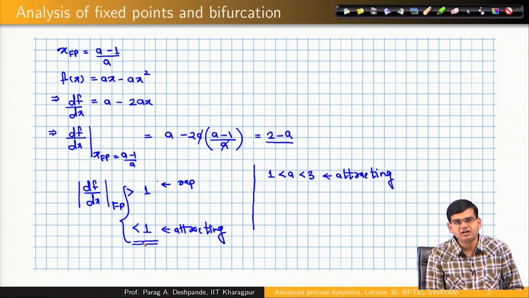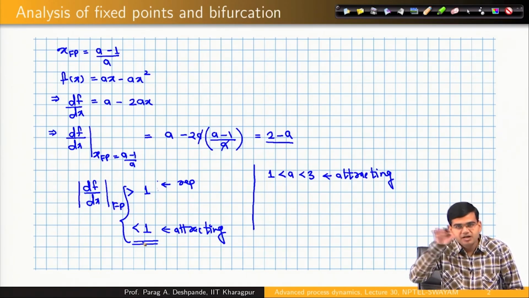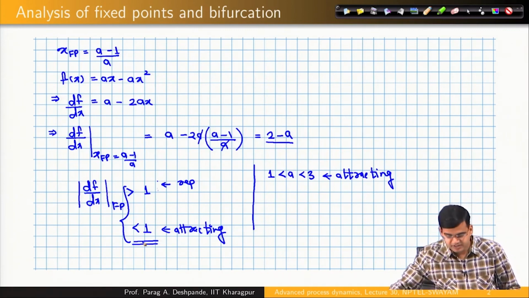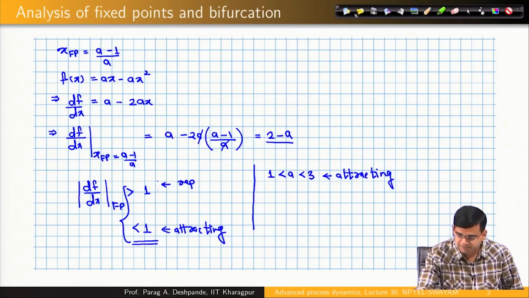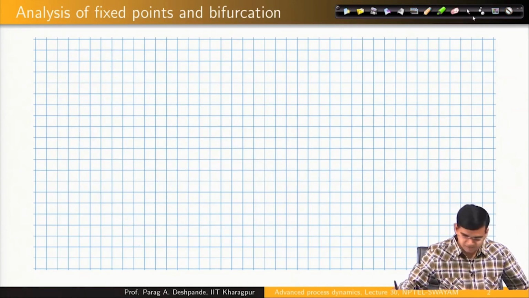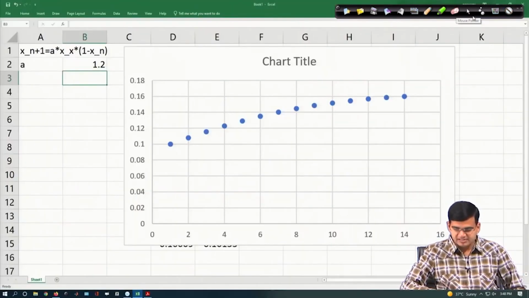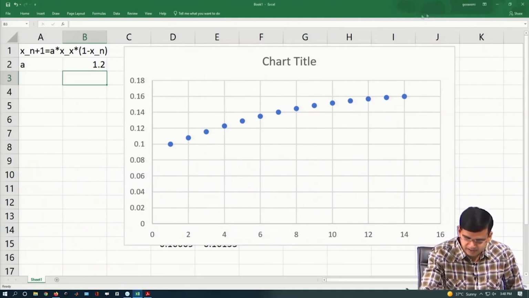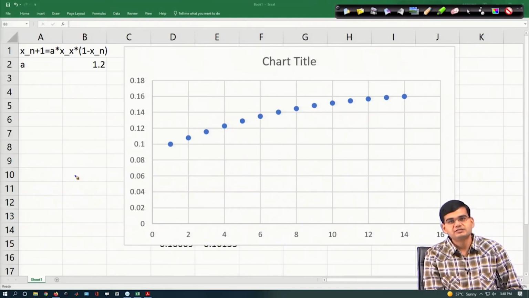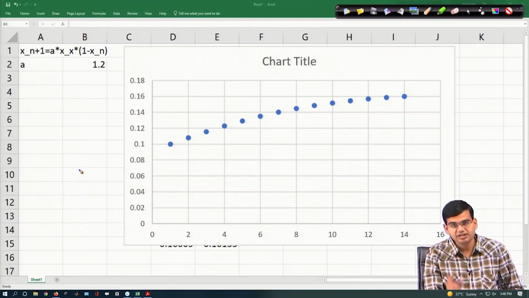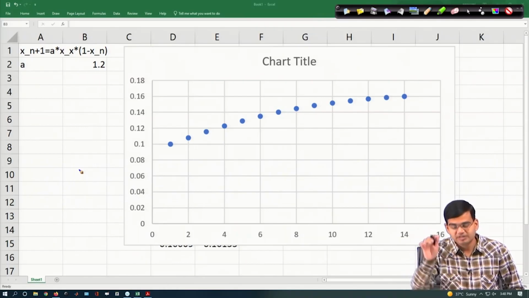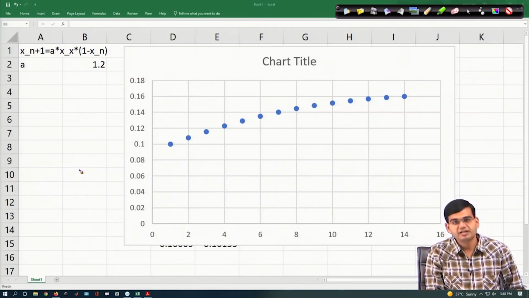So, if I have the value of A between 1 and 3, my upper fixed point would be an attracting fixed point. Let us see if that is the case which we see in the graph. When I set the value of A as 1.2, which is greater than 1, in the range of 1 and 3, the upper one would be the attracting fixed point.